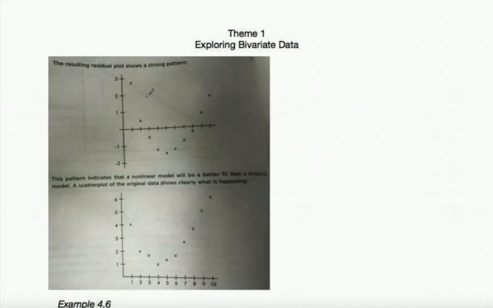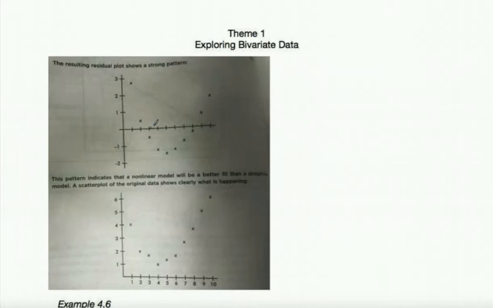Okay. The resulting residual plot shows a strong pattern. All right, so these are our values that we had here. If you'll notice, our x being equal to 1, we had a residual value of 2.61. When our x was equal to 2, we had a residual value of 0.38.